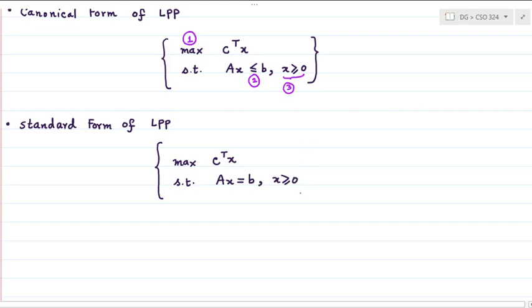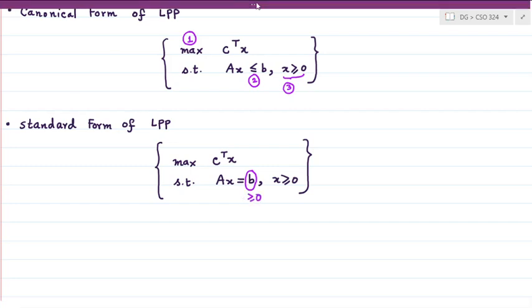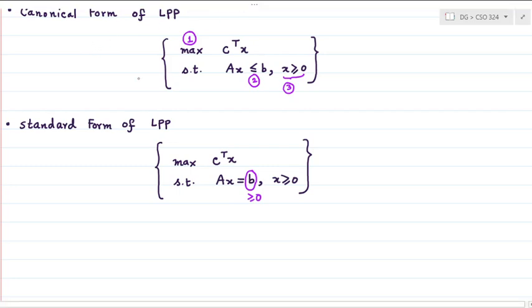Here we have a restriction on B, that this B vector must have all the components greater than or equal to 0. Fine. So in the standard form of an LPP, we have four specific conditions.